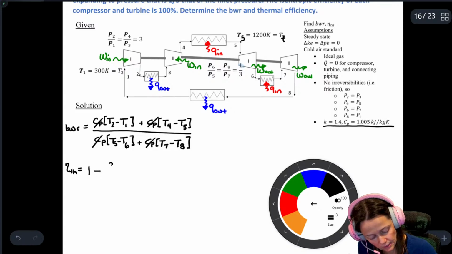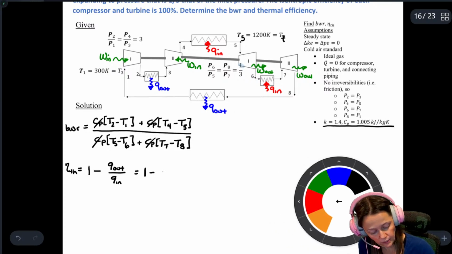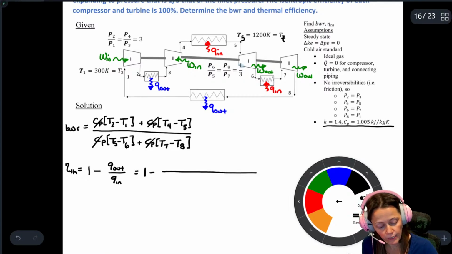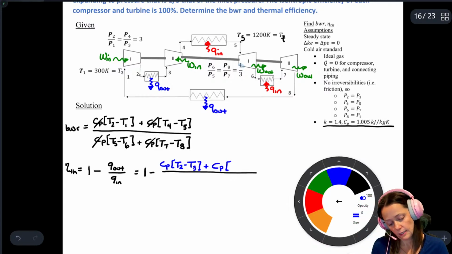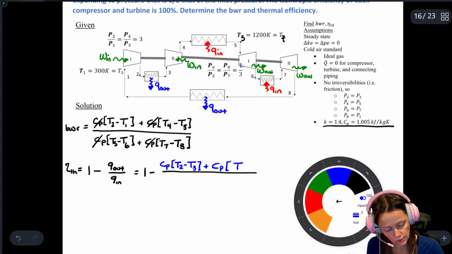Put it as Q out over Q in. You have multiples that you have to keep track of. With the Q out, you've got between 2 and 3, so CP (T2 minus T3) plus CP, and then it's between 8 and 1, so (T8 minus T1).